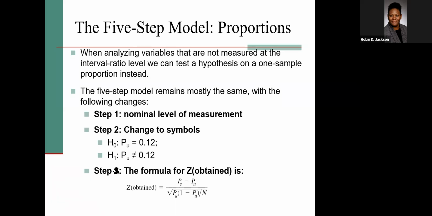For those of you that are writing this, just know that this is the change to step 4, not step 3. My apologies for that. I hope that doesn't cause any confusion. I'll try to make sure it's changed on the PDF of the PowerPoint. But this formula, the formula for Z obtained, that is step 4.